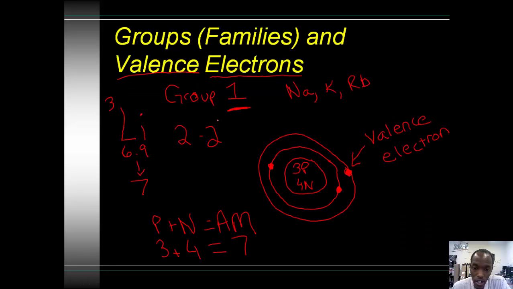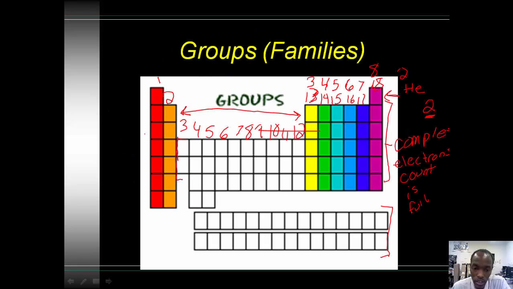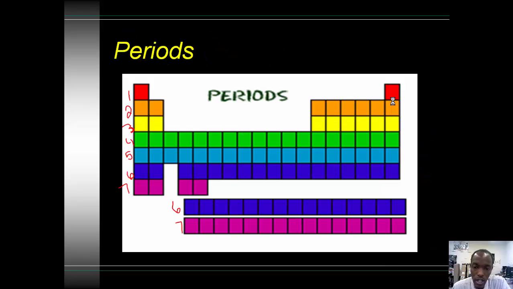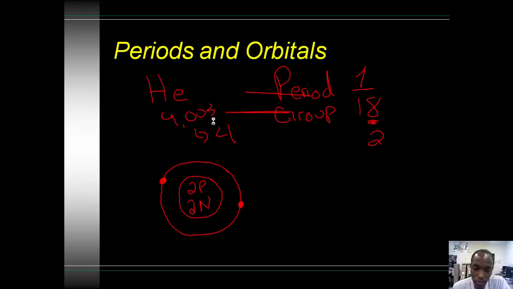Our groups let us know the number of valence electrons from 1 to 8 using groups 1 and 13 through 18. And then our periods allow us to know the number of orbits around the nucleus. So 1 orbit, 2 orbits, 3 orbits, 4 orbits, 5 orbits, 6 orbits, and 7 orbits.